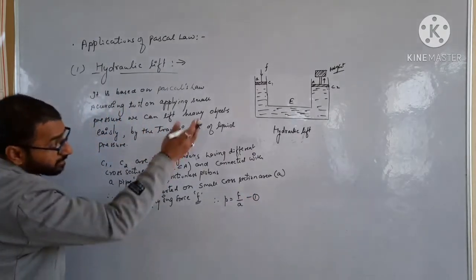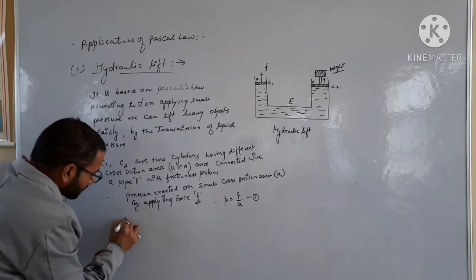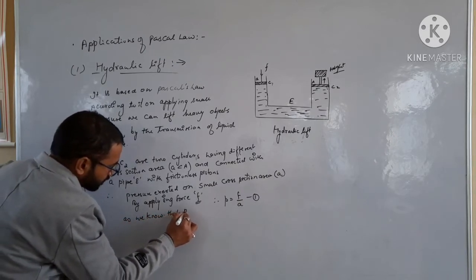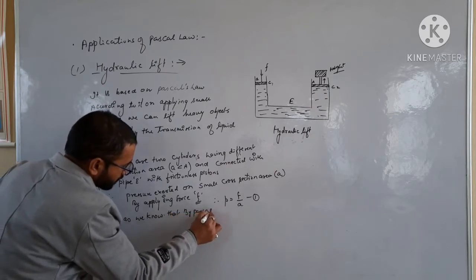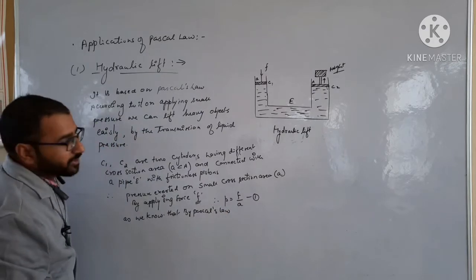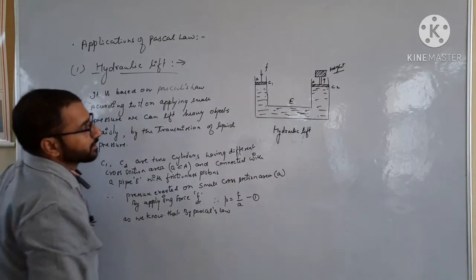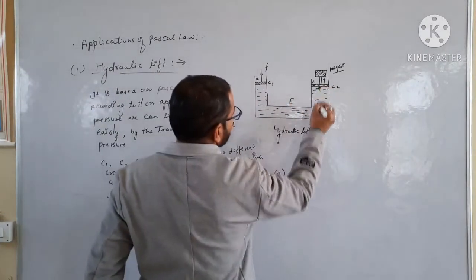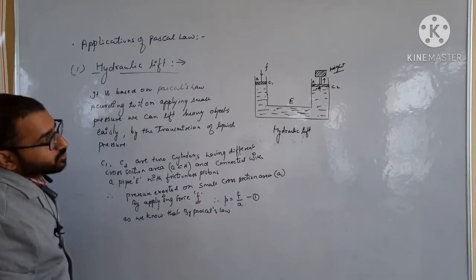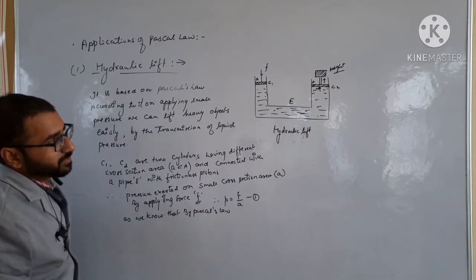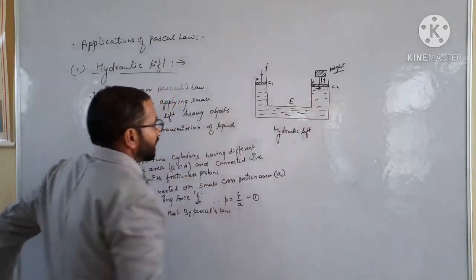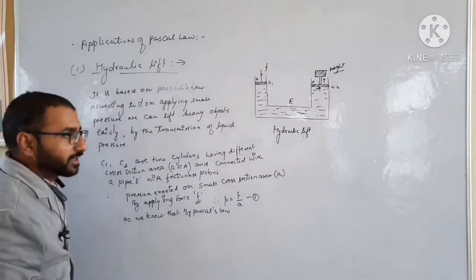Now in the second part we can see, as we know that by Pascal's law, this pressure is equally distributed to all other points of the liquid and also the wall of the container. So this pressure is transmitted to that cylinder C2, so that this pressure is used to lift the heavier object which is placed on the other terminal C2, having cross section area capital A greater than small a.